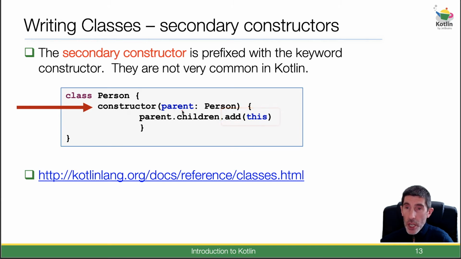So we'd have our children.add, and again there's that this reference, similar to Java, which would add this person itself to that parent's list of children. Okay, but again, not that common, but look, if you need to, you can.